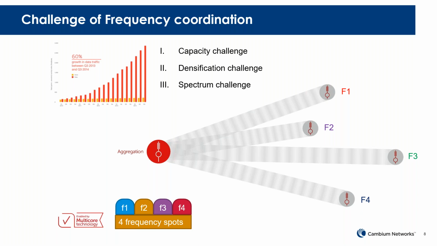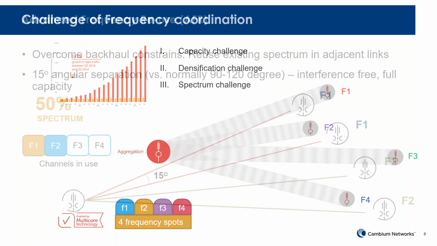One way to do it is to easily say, I'm just going to apply for 4 frequencies and set up 4 links. This is assuming that you really can get those 4 frequencies. What if you cannot get 4 frequencies? Instead, you can only get 2. What do you do? So here's the way.